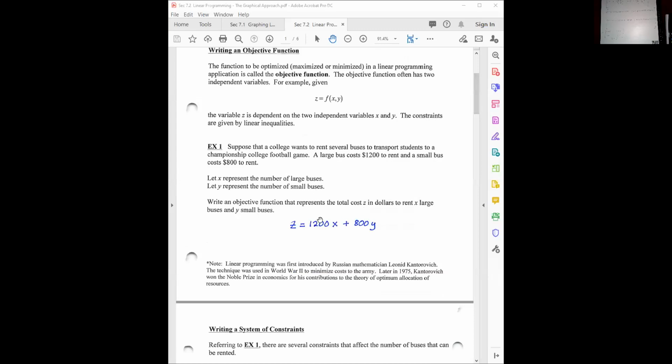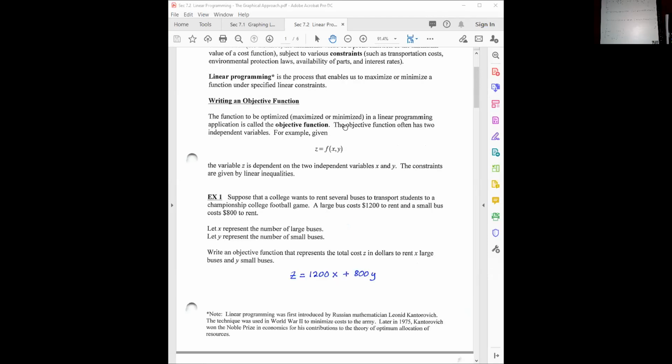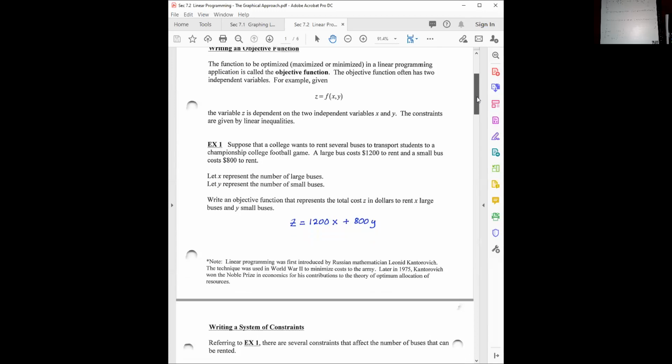Z, they call the objective function, which in business is usually the profit function. The objective usually is to maximize or minimize the function, which we call Z. If it is a profit, of course you want to maximize. If it is a cost type function, you want to minimize, depending on what we're talking about.